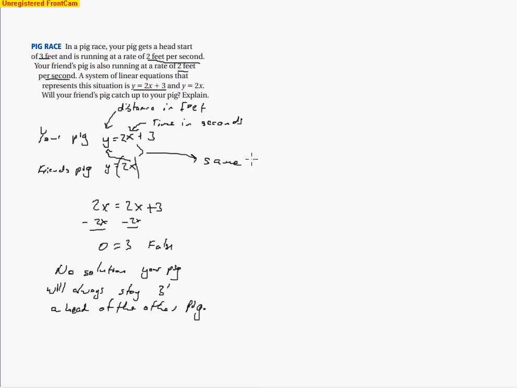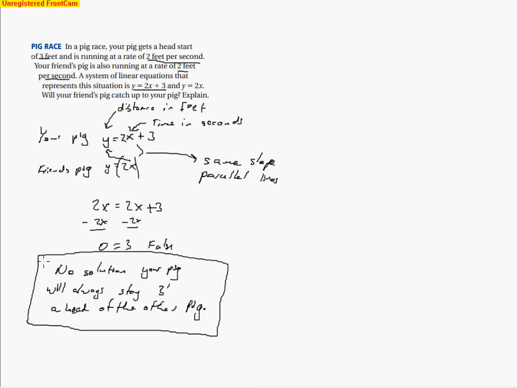And so when they have the same slope, that means the lines are parallel. Parallel lines aren't going to cross. So if we have the same slope, that means your pig is going to be going the same speed as your friend's pig, but your pig is 3 feet ahead. So that means that it will stay 3 feet ahead, and your friend's pig will not catch up. So that's what we end up seeing on tonight's homework. Good luck.